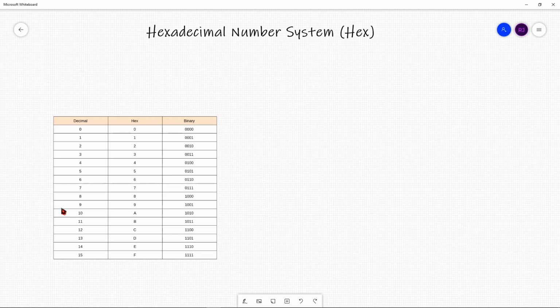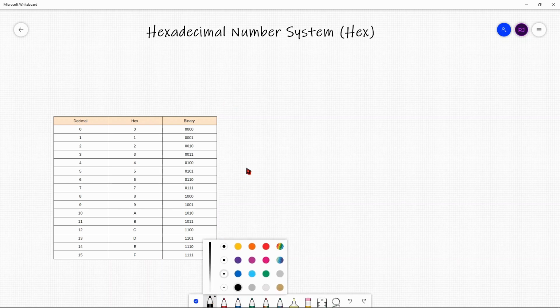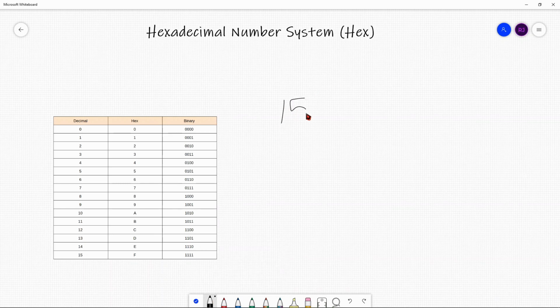So let's look at the transition from F to the next number. Let's play a game here. What do you think the next hexadecimal number is going to be? Well, let's look at it. Let's use the same principles we saw in the decimal number system and the binary number system. So we're looking at the transition from 15 to 16.